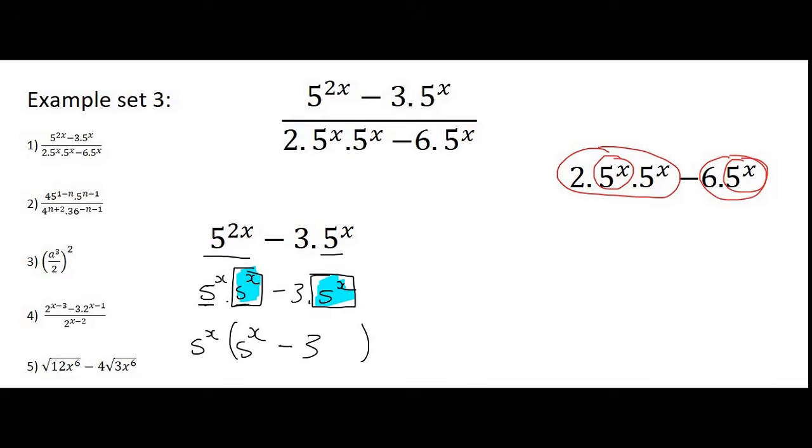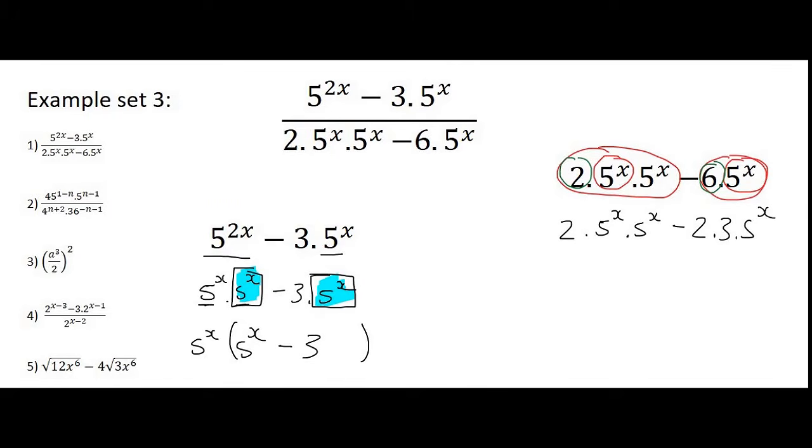And so we can take that out as a common factor. Furthermore, there's also a 2 in the first term, and we could definitely break this 6 up so that it also has a 2. I'll show you how to do that. So I'm going to break this 6 up into 2 times 3 times the 5 to the x.